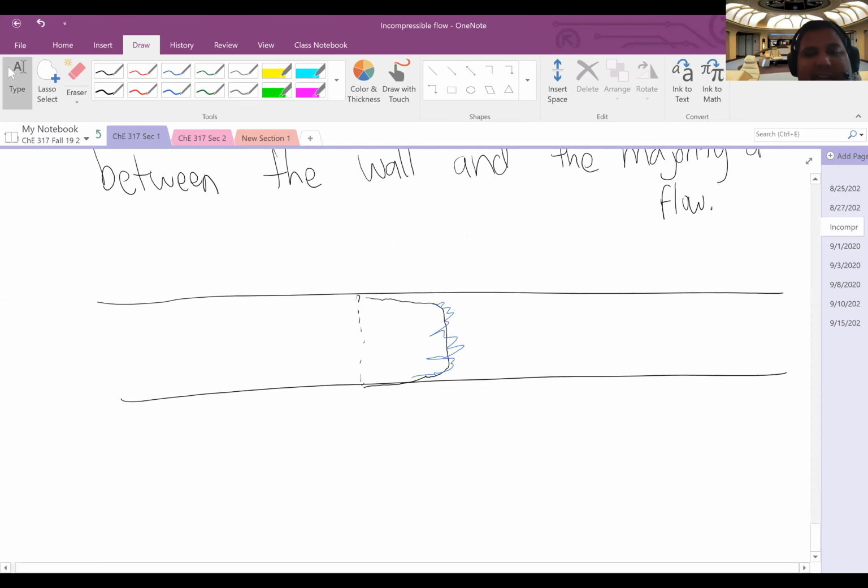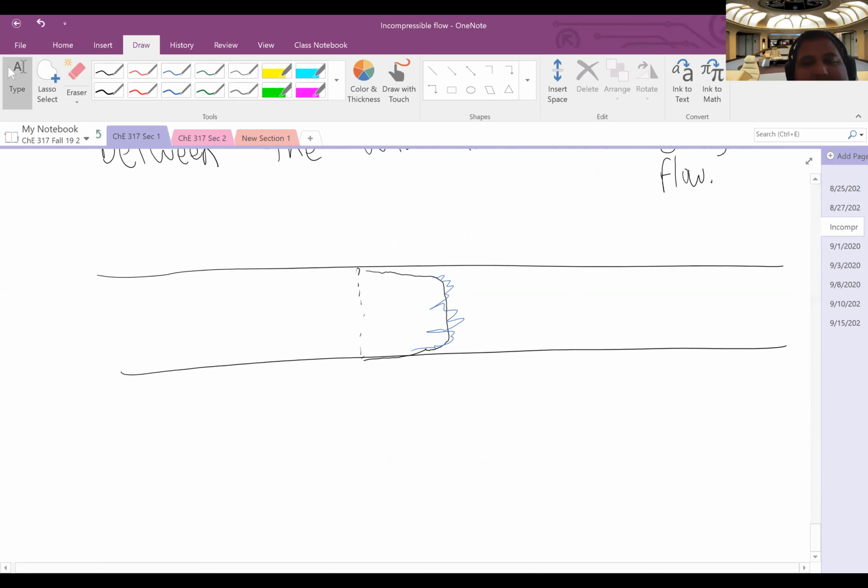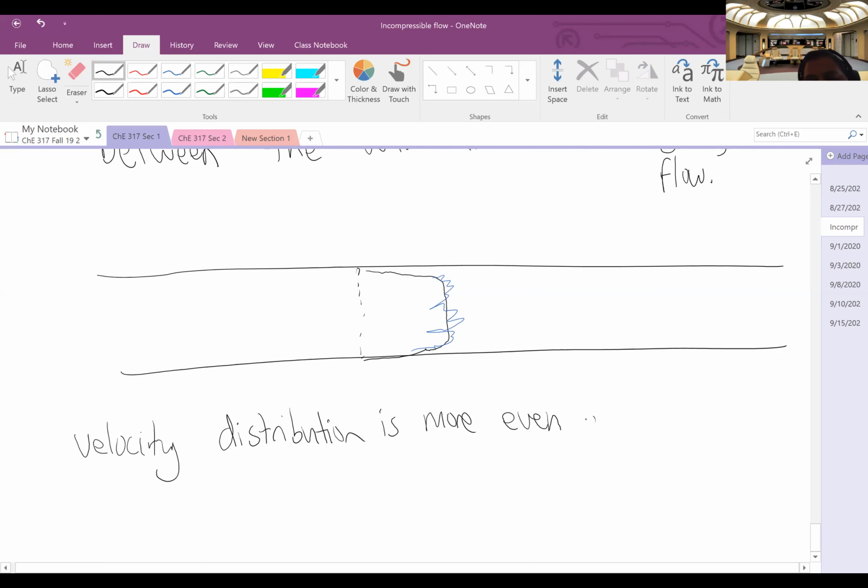We're not trying to be mathematicians, we're just trying to do something with it. And so the mean works a lot more effectively. And so what that tells us is that our velocity distribution in general is more even as compared to laminar flow.